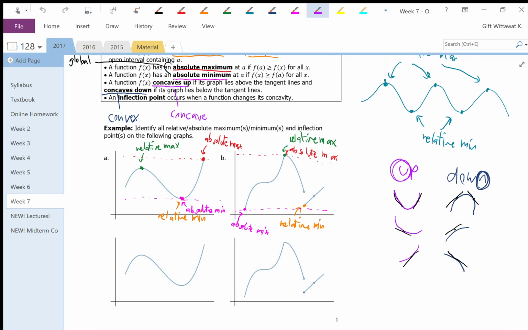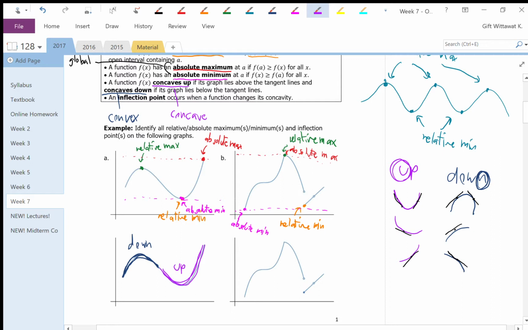Now, if you have the graph once again, whether the function is concave up or concave down should be pretty easy to spot. The first half of this graph looks like an N shape, so on the first half, this is concave down. On the second half, however, it looks like a U shape, so over here the graph is concave up.